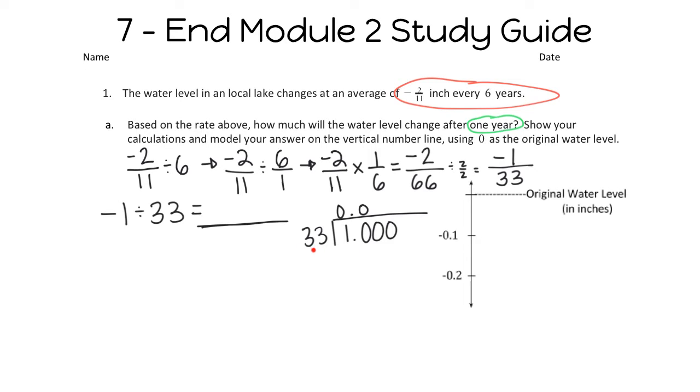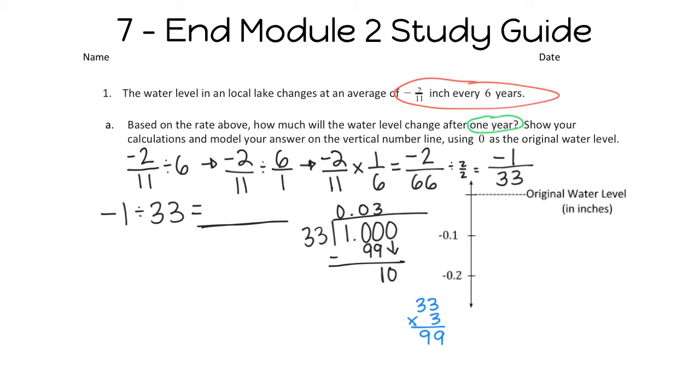Now, how many times can 33 go into 100? Well, 33 can go into 100 3 times. And then when I have 33 times 3, I'm going to get 99. So now I'm going to have 100 minus 99, and that's going to give me a value of 1. Then I can bring down my next 0, and I'm going to have 10.